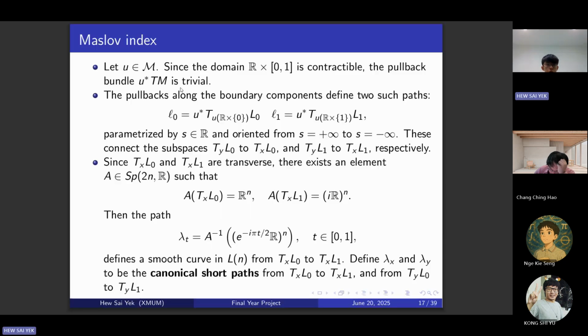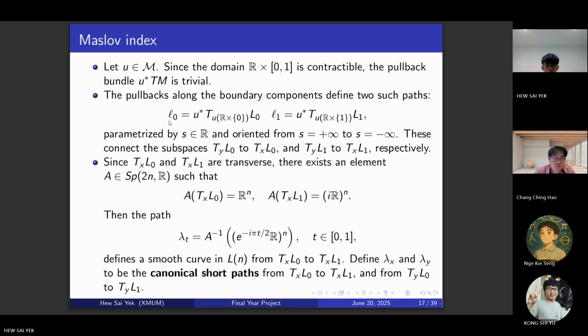Let u be a J-holomorphic strip in M. The domain of u is R times the interval [0,1]. It is contractible, so the pullback bundle has a trivialization. By choosing a trivialization, every point of the boundary lines, R times 0 and R times 1, defines a Lagrangian subspace.